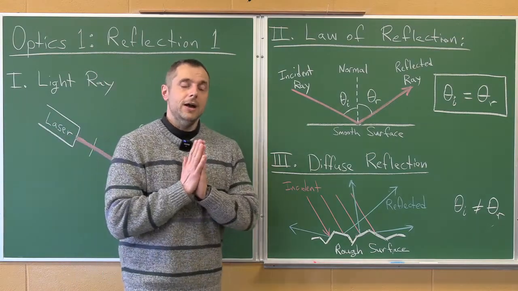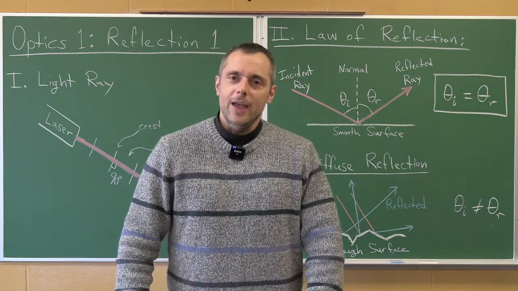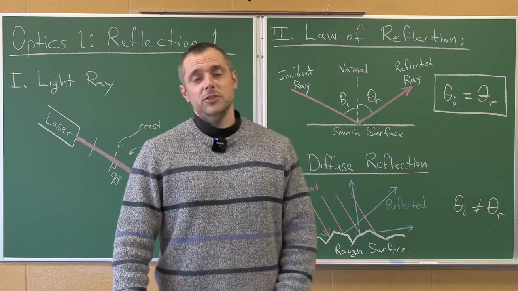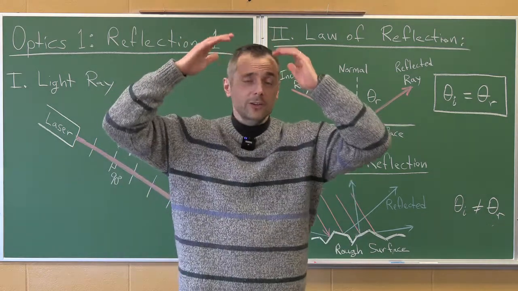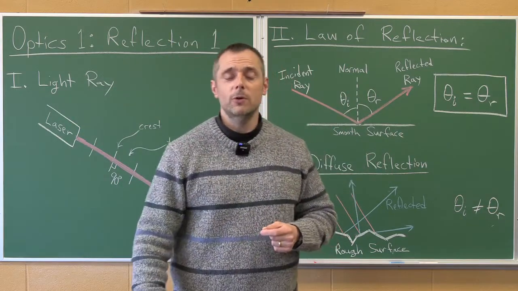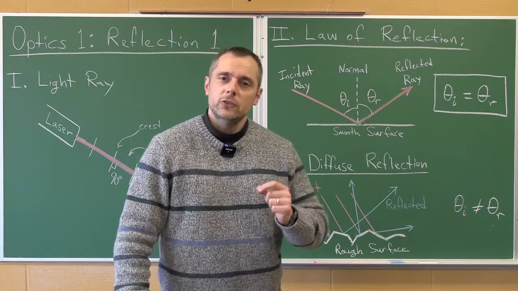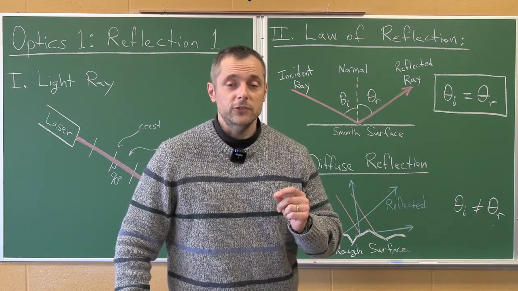All right, another thing about reflection is that, as you know, every morning you probably find this out, it can create images. You get up in the morning, you want to see how your hair looks so you could fix it before you go to school. And you could see a reflection of yourself. So how does that happen? How is it that we can see reflections of things?